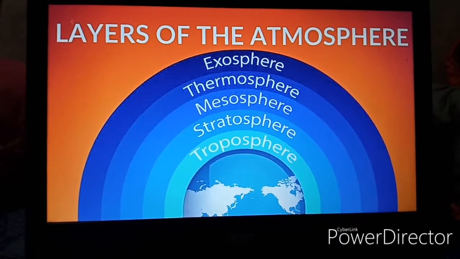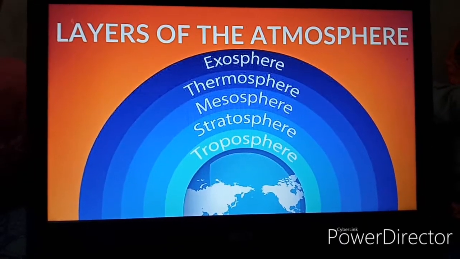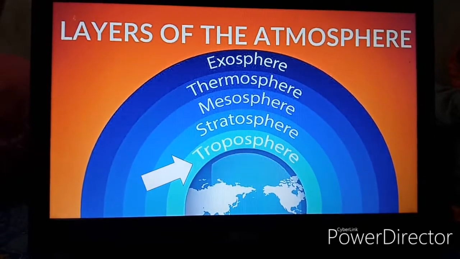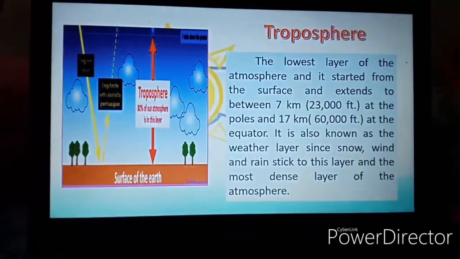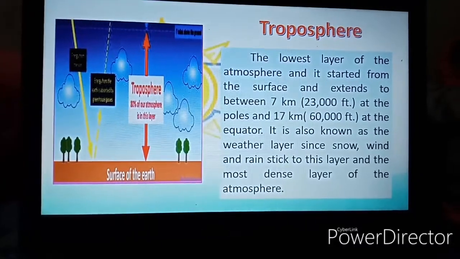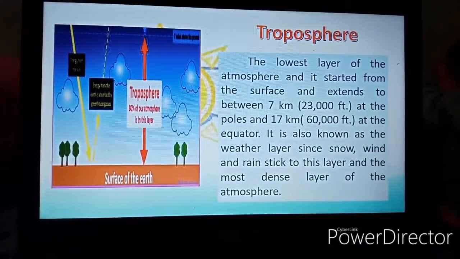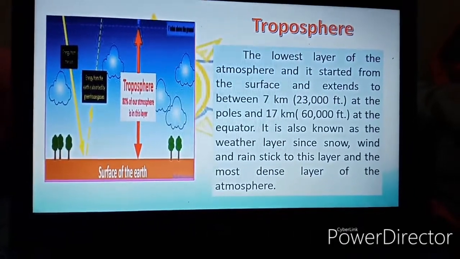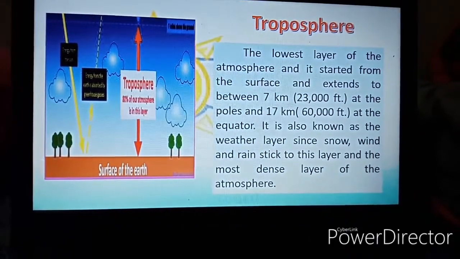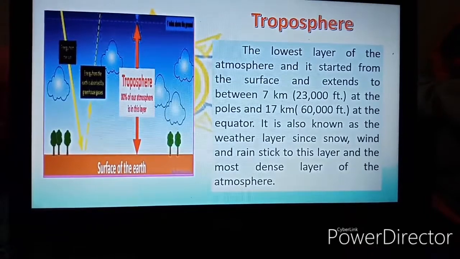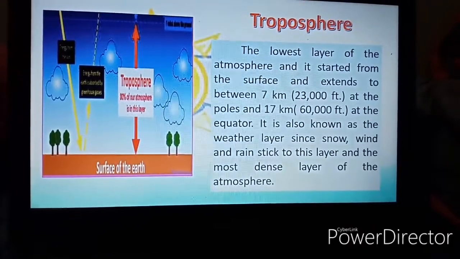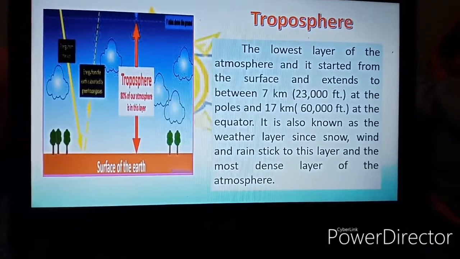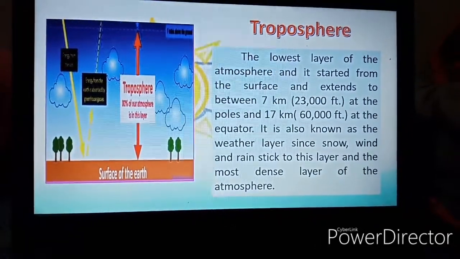So let's define them one by one. First, we have the troposphere. The troposphere is the lowest layer of the atmosphere, and it starts from the surface and extends to between 7 kilometers or 23,000 feet at the poles and 17 kilometers or 60,000 feet at the equator.